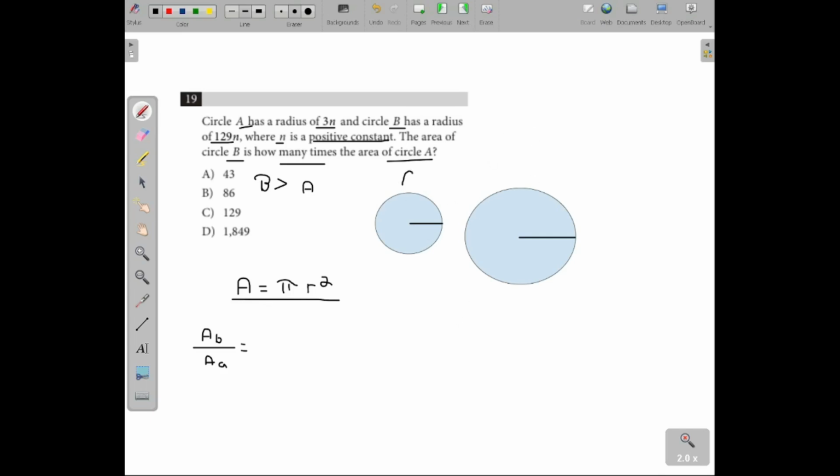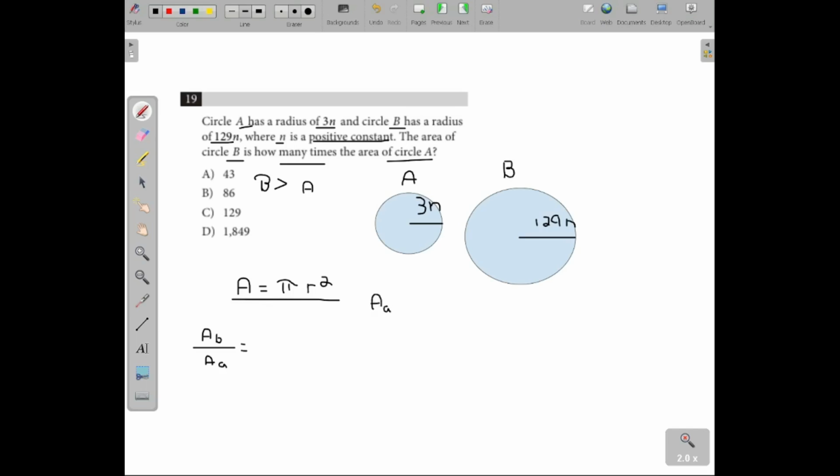So this will be our circle A, and this one our circle B. The radius of A is 3n. The radius of B is 129n. We have this formula for the area of a circle. Let's find the area of circle A.